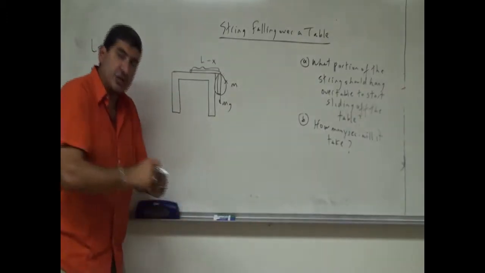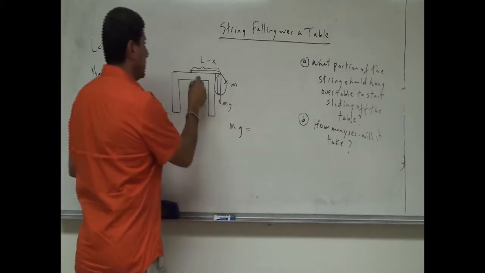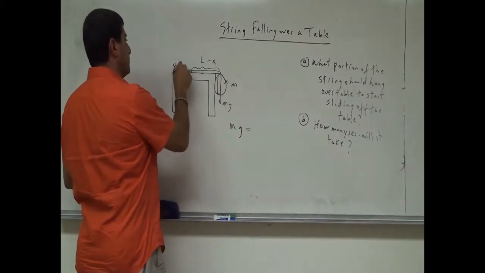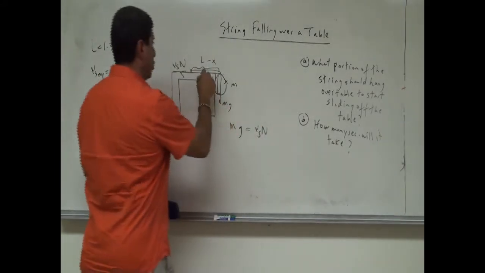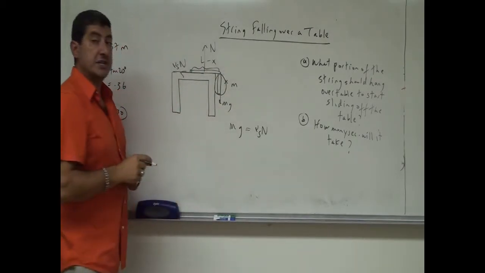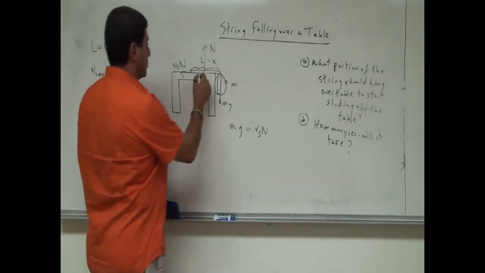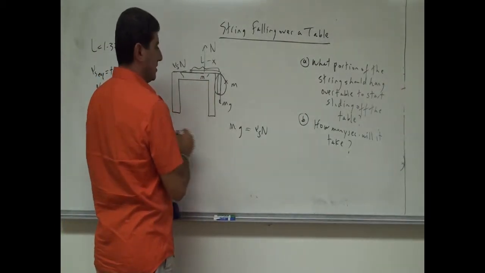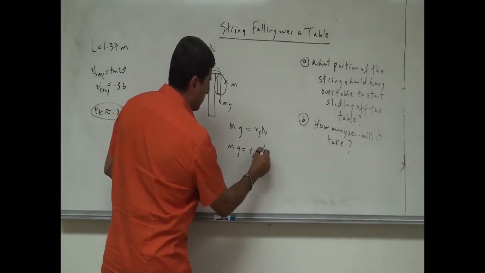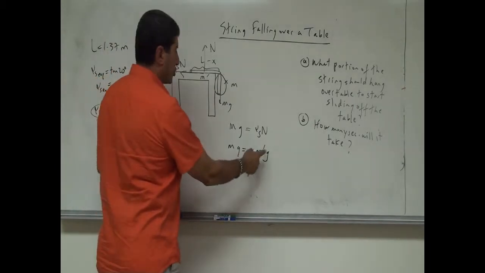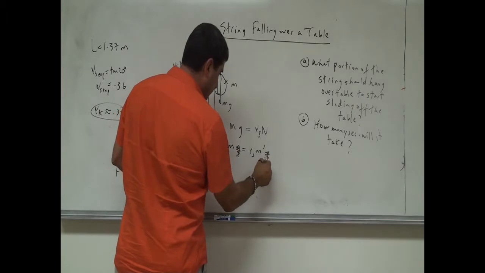That weight makes the string want to go down, and it equals the force of friction, mu_s N. The normal force depends on the portion of the string still sitting on the table, so we call that mass m prime. So mg equals mu_s N, with N equal to m prime g. M prime is the portion of the string still lying on the table. And then gravity cancels.